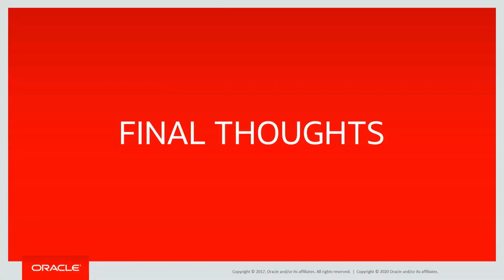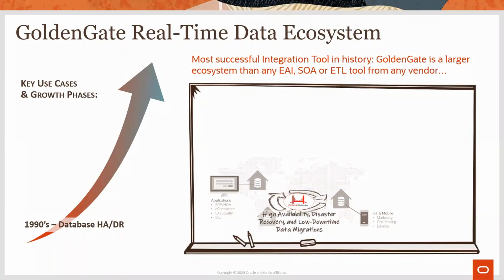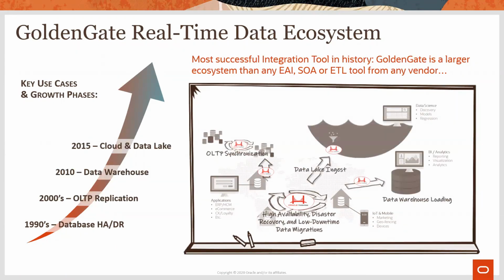So we've run you through a lot. We're hitting the end of the road for this introductory presentation. I'll leave you with a couple of quick thoughts. We've stepped you through how the growth of the GoldenGate platform has occurred over the years, all the way till today, where I explained some of the streaming use cases.